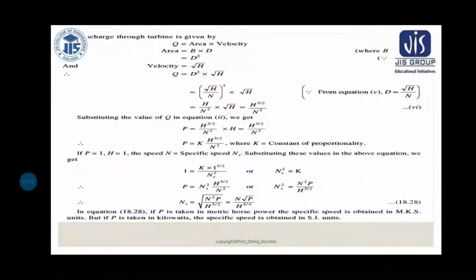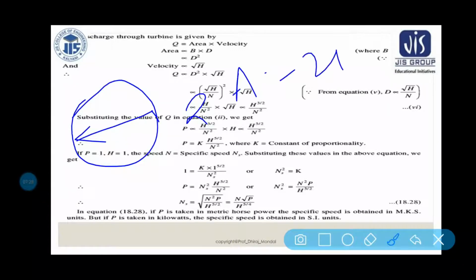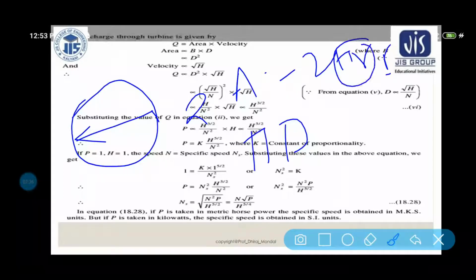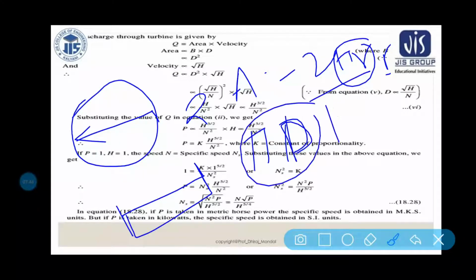That means again I'm writing, for the case of a reaction turbine, let us consider this is your d. Now how can we calculate the area? Area is equal to 2 pi r into breadth. So 2 pi r can be written as pi into d, because 2 pi r is equal to pi d. So this is the circumference into breadth. That is why this is pi into d into b.